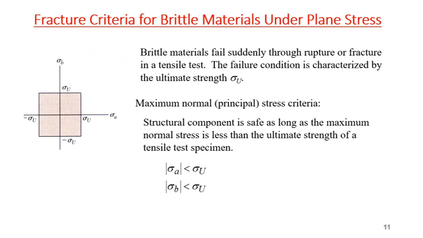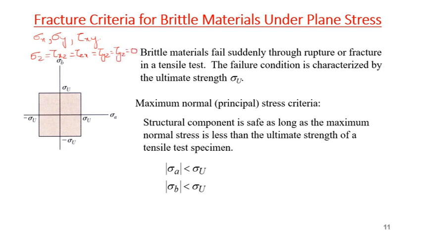So you have sigma x, sigma y, and you have tau xy, where sigma z, tau xz, or let me write tau zx, both are the same component, and tau yz and tau zy, these also are the same component, will be equal to 0.